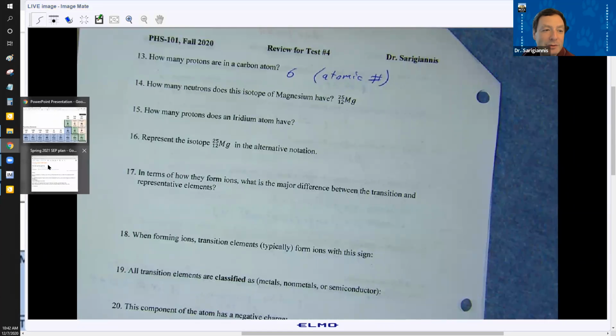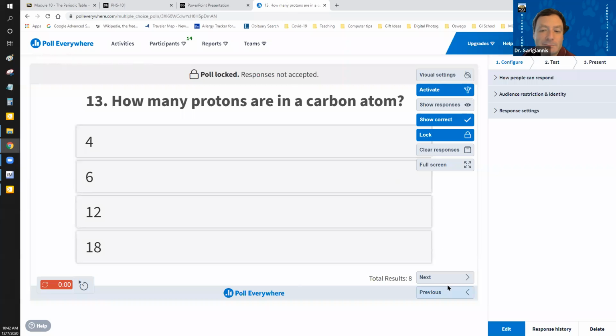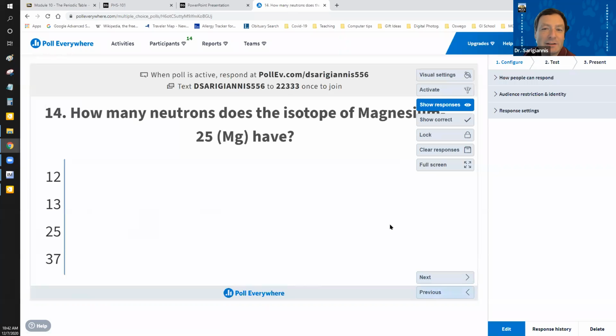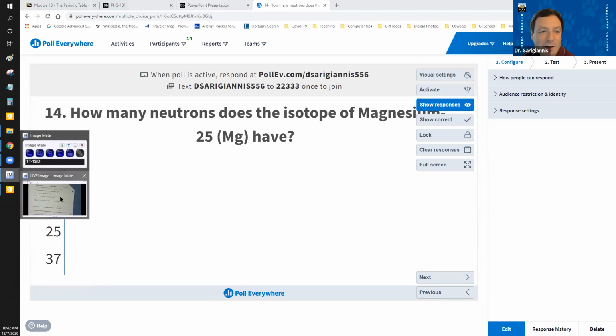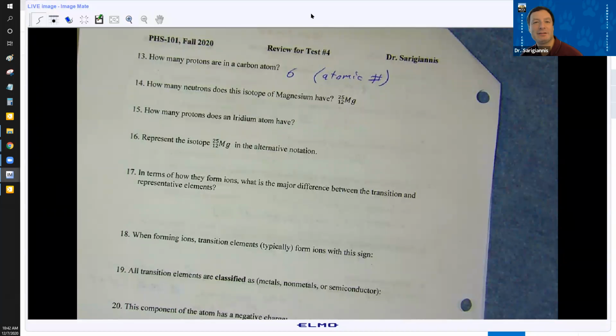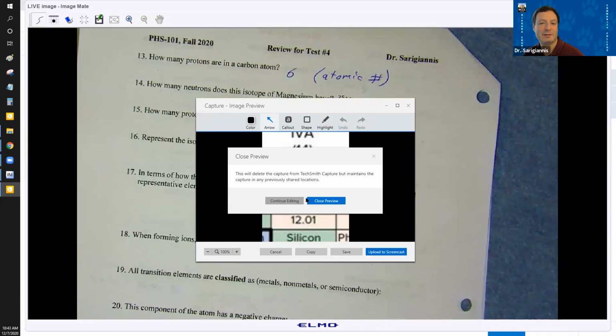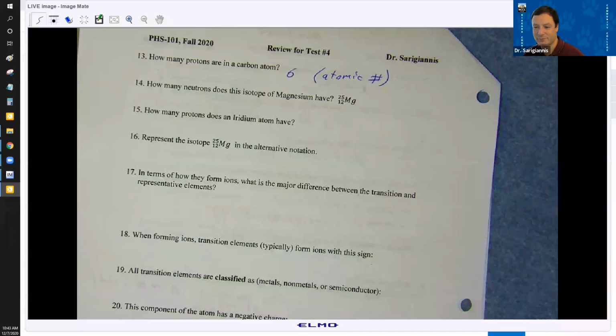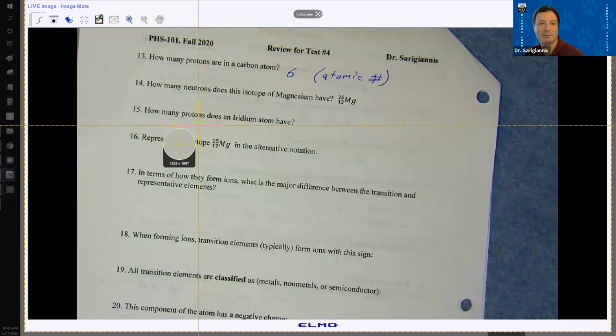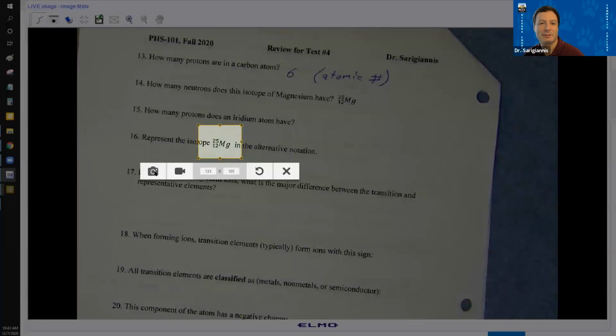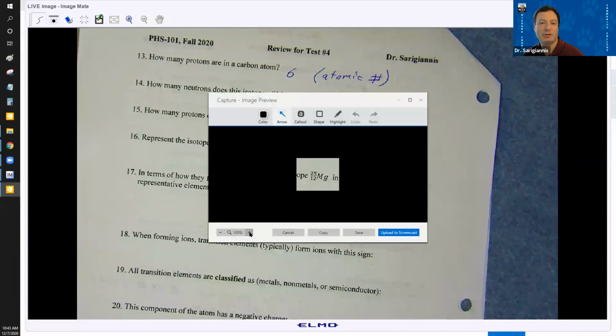Let's see, did I make a poll for this one? Yes, I did. Okay, magnesium. You know what? Let me just get a screenshot of this. So you can see the... I zoom in.